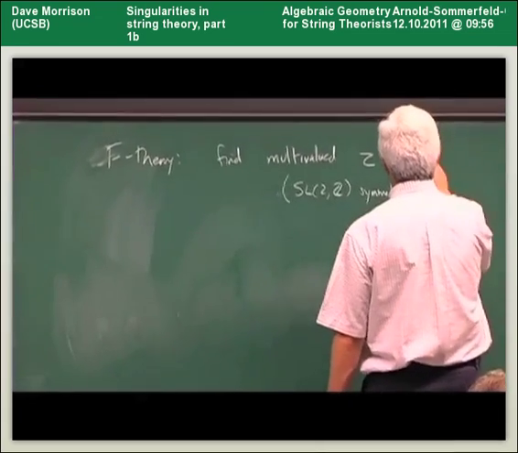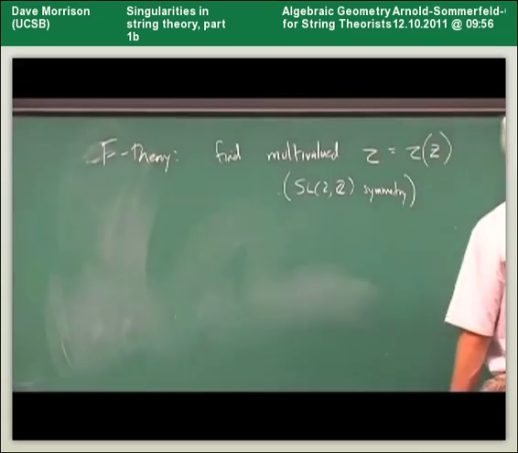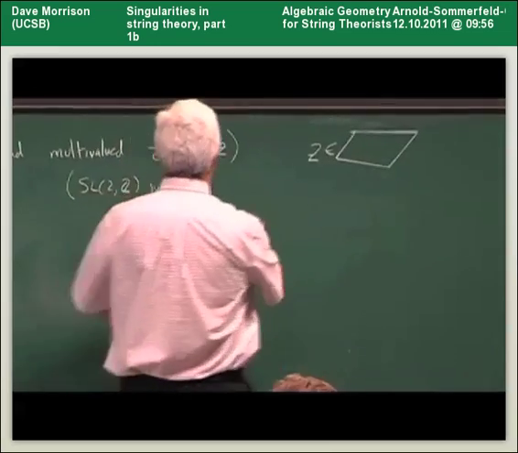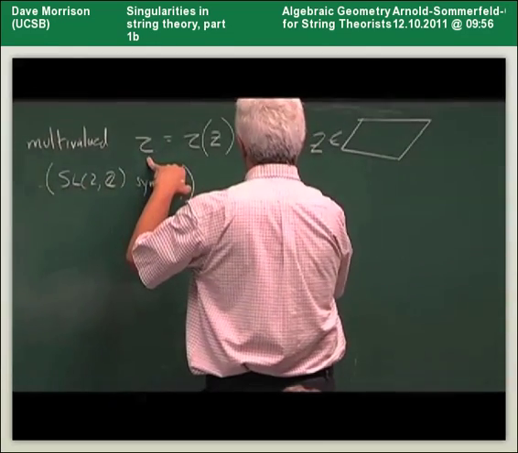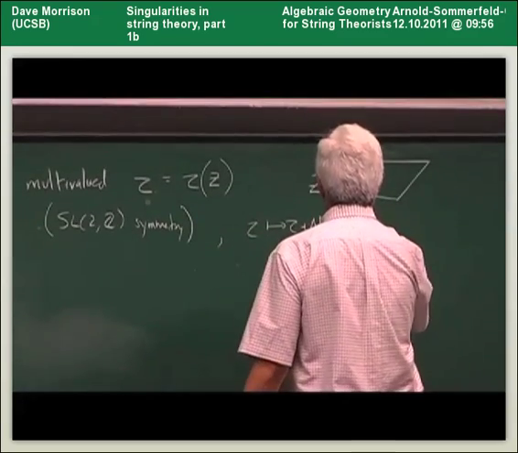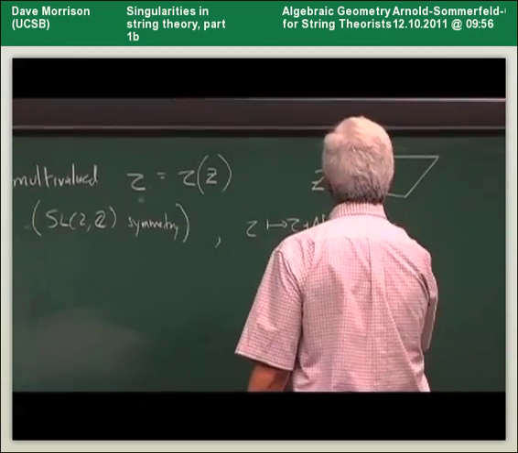So it should be a function of a complex parameter. So z is going to live in my 2-dimensional space here. It's a function of a complex parameter, and it has tau goes to tau plus n behavior near certain points.